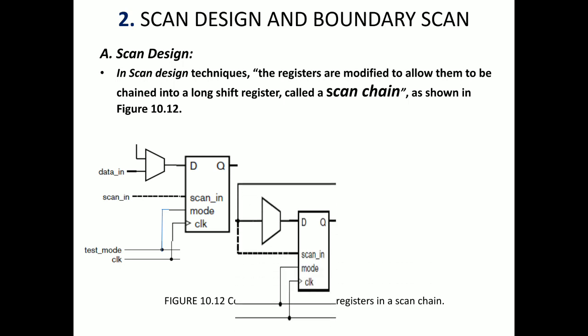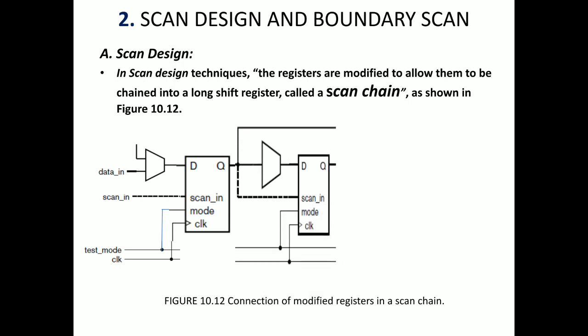So we will have a chain of shift registers, a chain of the same flip-flop with additional inputs, where the output of the first flip-flop will be given as the input of the next flip-flop, but through the output of the mux. Here you can see the output of the first flip-flop is given as input through the multiplexer.